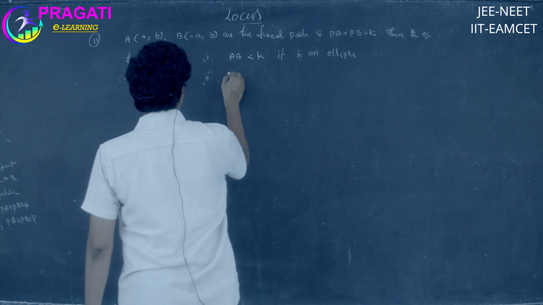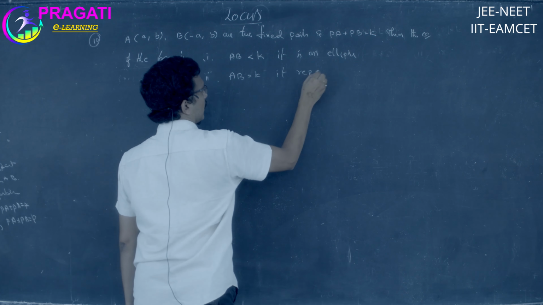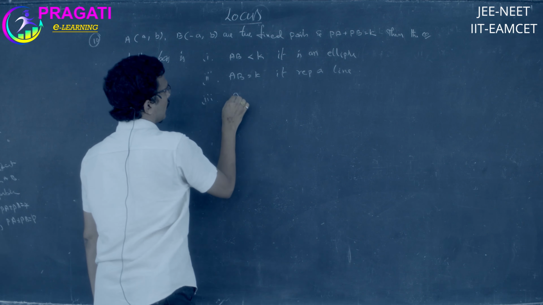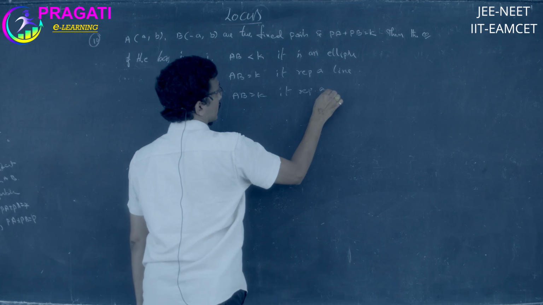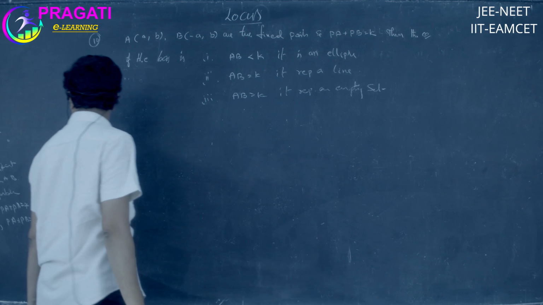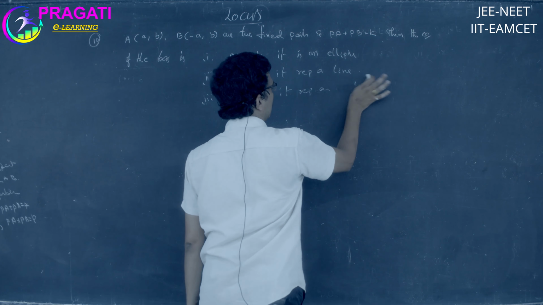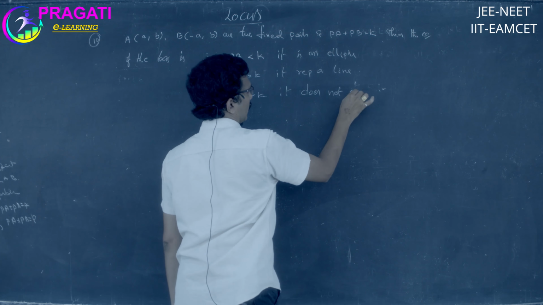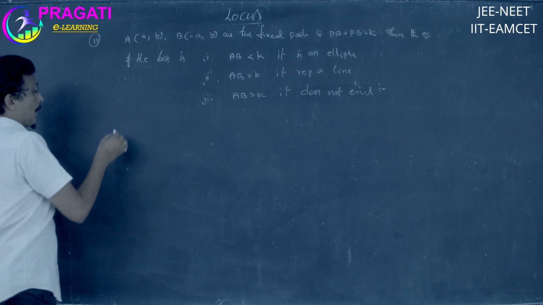Second, if AB is equal to k, it represents a line. Third, if AB is greater than k, then it represents an empty set, that means the locus does not exist.